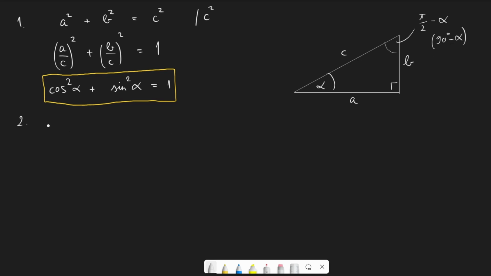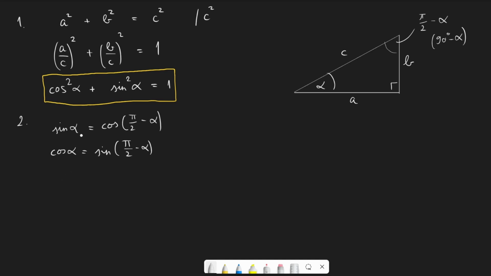And we saw in the previous video that if we have sine of alpha, then this is equal to the cosine of the complement angle. So we can write this as cosine of pi over 2 minus alpha. And similarly, if we have cosine of alpha, then it is equal to the sine of the complement angle.